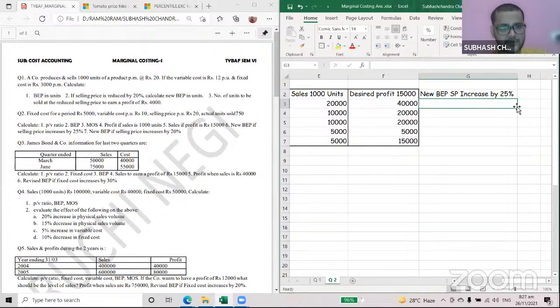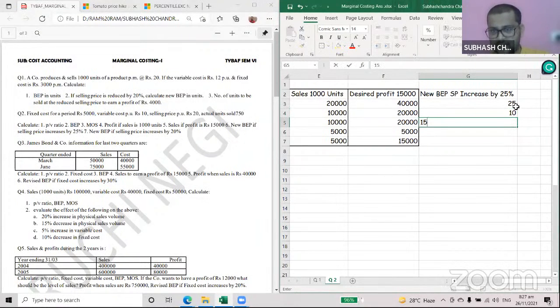Earlier the selling price was 20. It will increase by 25%, that means by 5, so the selling price will be 25. Variable cost will remain the same, 10. So this will be 15 contribution.